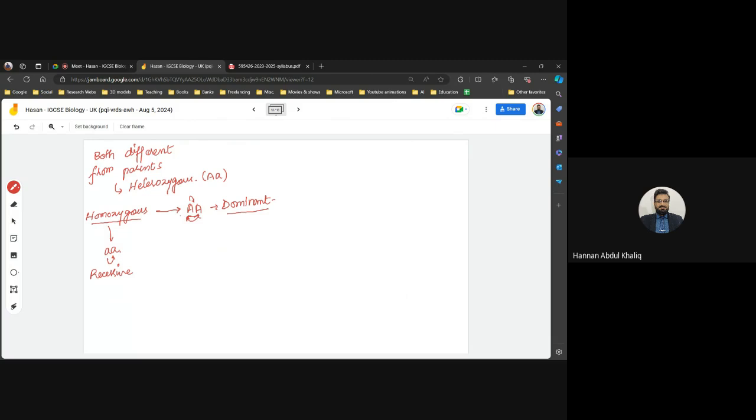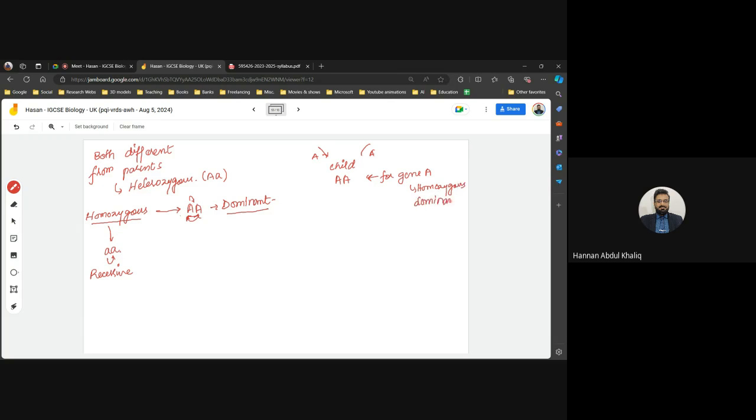So basically, what this all means is that if the child is getting both capital alleles from the parents, you would now call the child's genotype for gene A homozygous dominant.